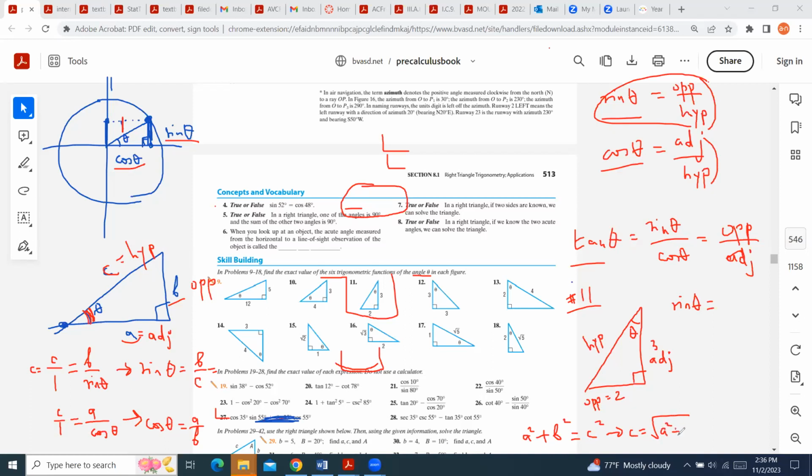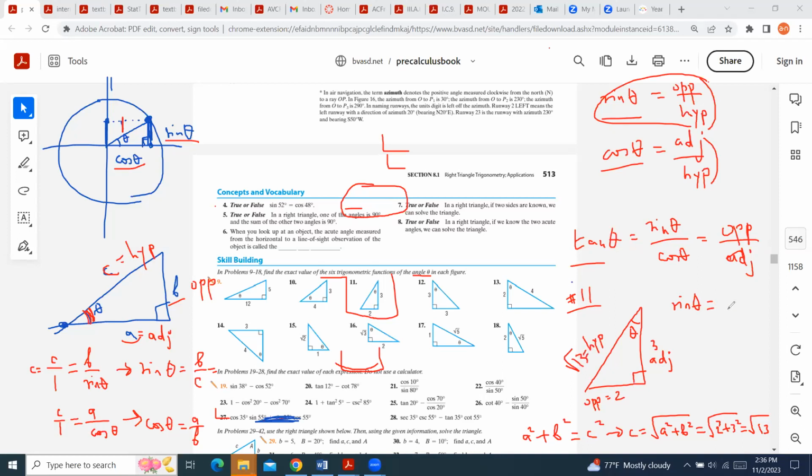And it's always positive because that's the length of the side. Technically it could have been negative if you do it algebraically, but in our case, it's only positive. So my sides are 2 and 3. So 2 squared and 3 squared, which is 4 plus 9, which is 13. Okay, so the hypotenuse is square root of 13.